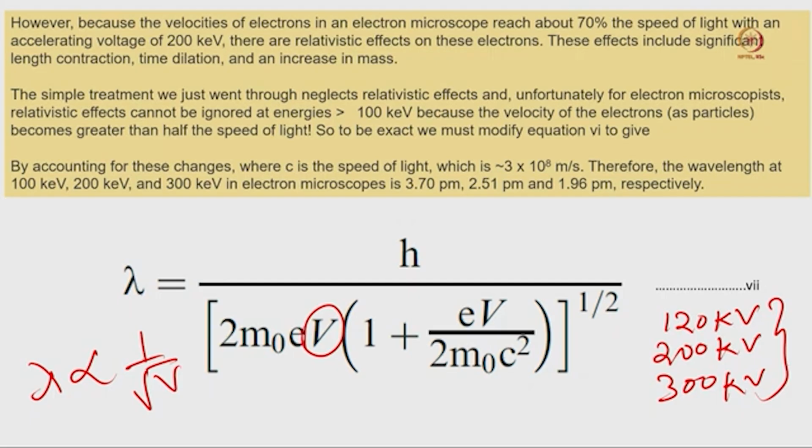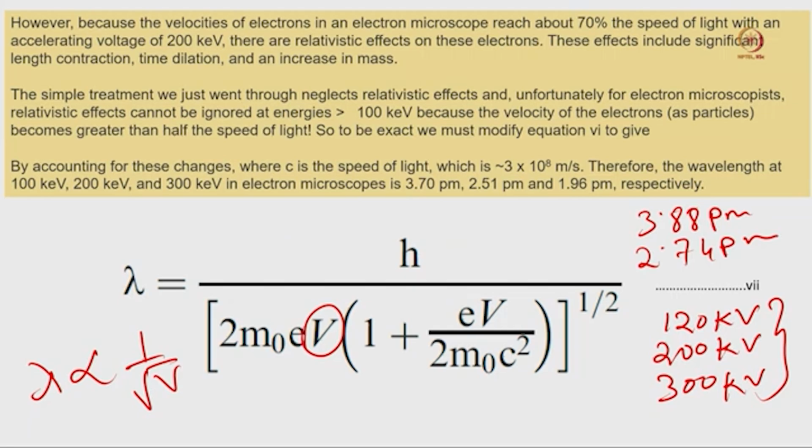So whatever we calculate, at 100 kilovolt or 200 kilovolt, last class I mentioned that roughly the wavelength is 3.88 picometer, and at 200 kilovolt the wavelength is 2.74 picometer, and at 300 kV it is 2.24 picometer.